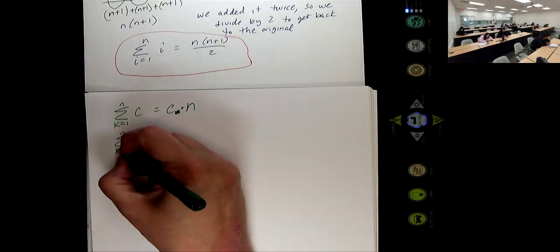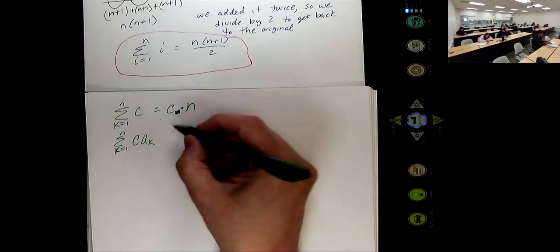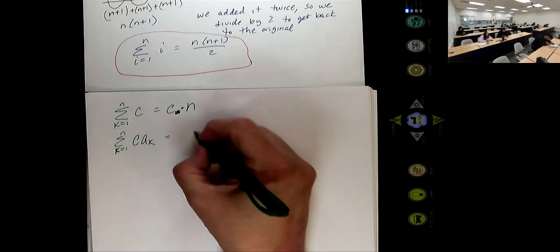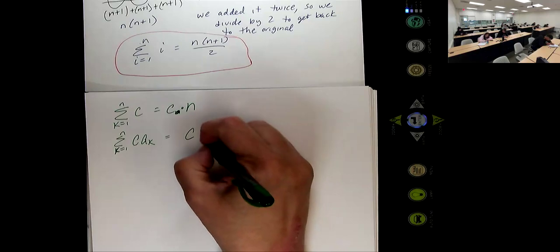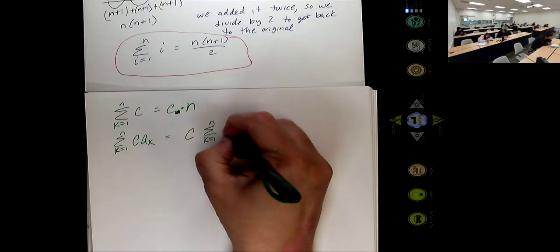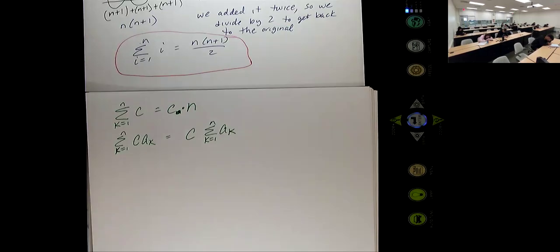I'm back to K again, I need to get rid of my K. This can be done as C times the sum from K equals 1 to N of A_K, as long as I don't have X's on the right, and none of these formulas have X's.